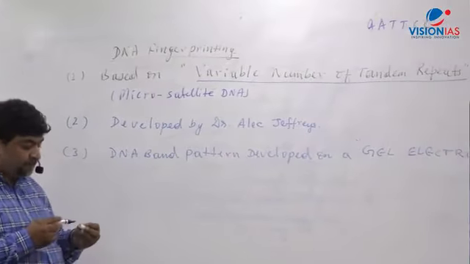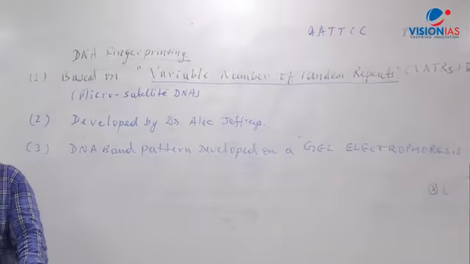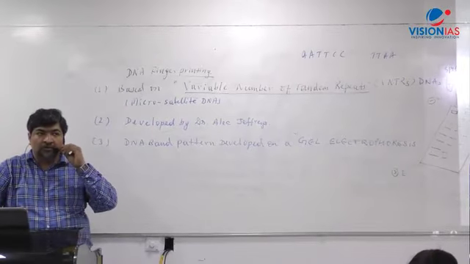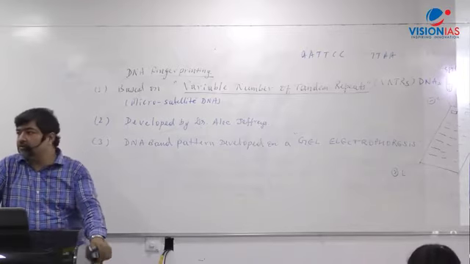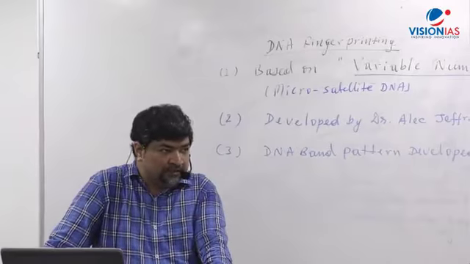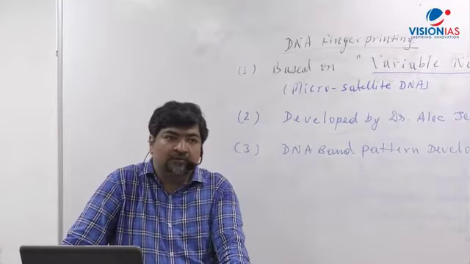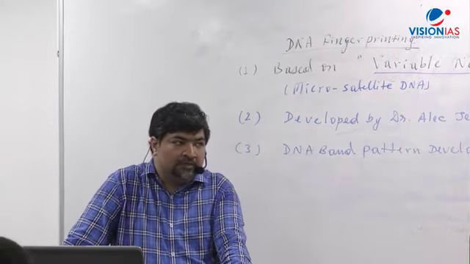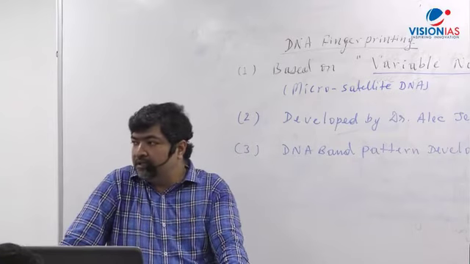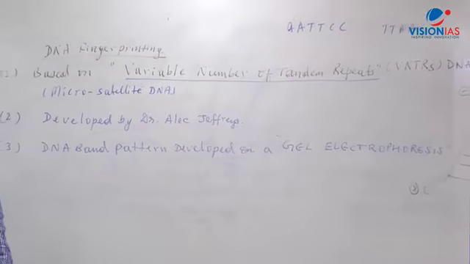DNA fingerprint is obtained on a gel electrophoresis device in the form of a DNA band pattern.